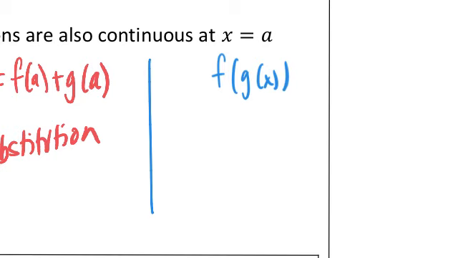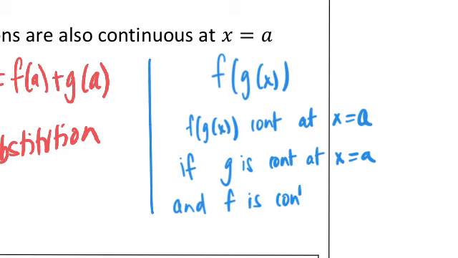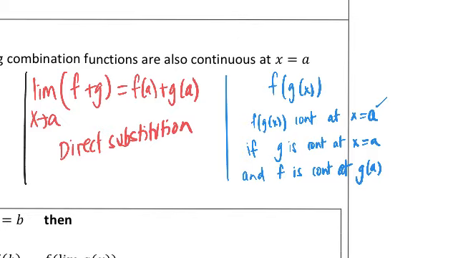So f of g of x is going to be continuous at x equals a if g is continuous at a and f is continuous not at a but at g of a. These are going to be our tests for whether a composite function is continuous at a specific point.